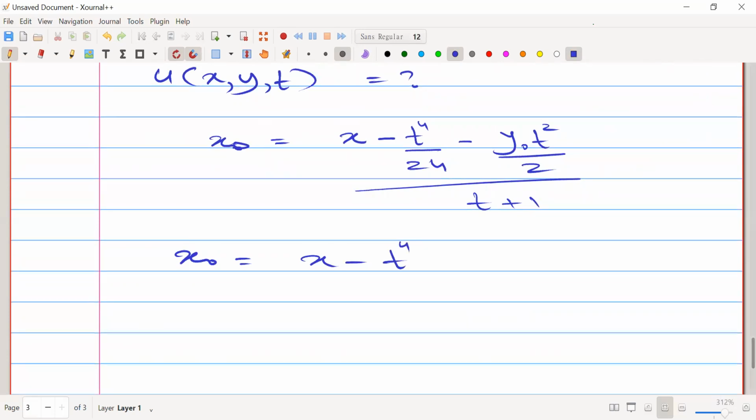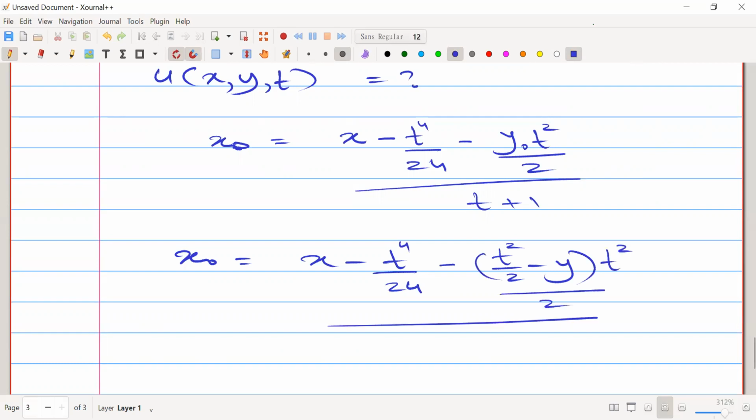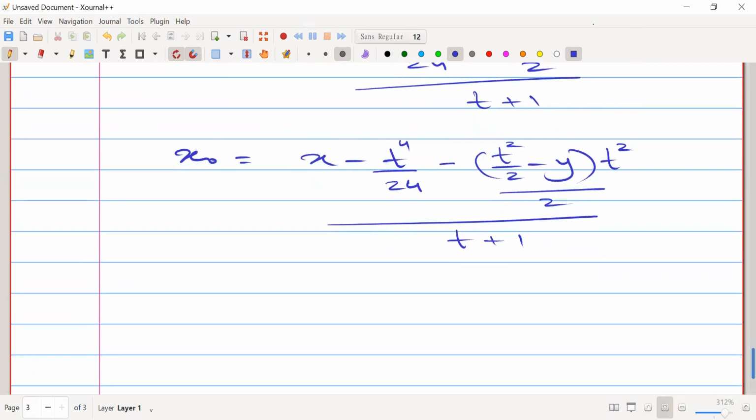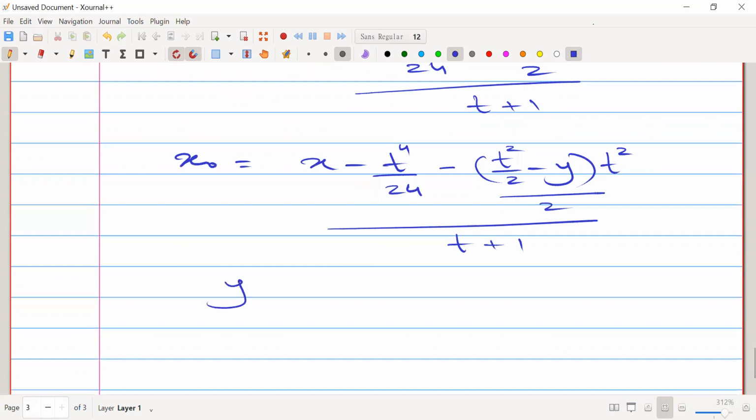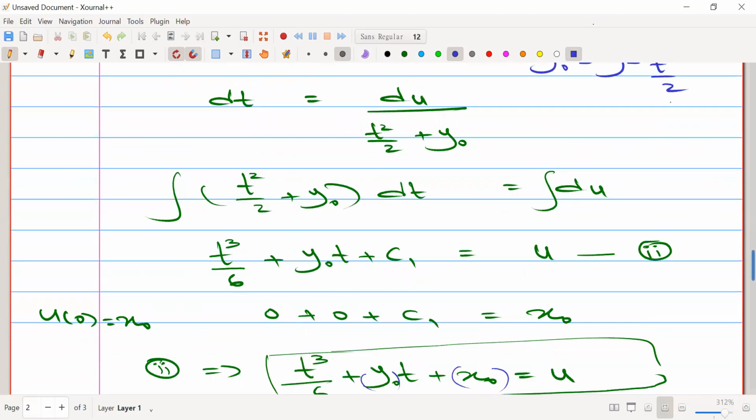So it's t power 4 over 24 minus y naught, which is just t squared over 2, minus y times t squared over 2, divided by t plus 1. So now we have the expressions for x naught and y naught. Let's check again if this is correct.